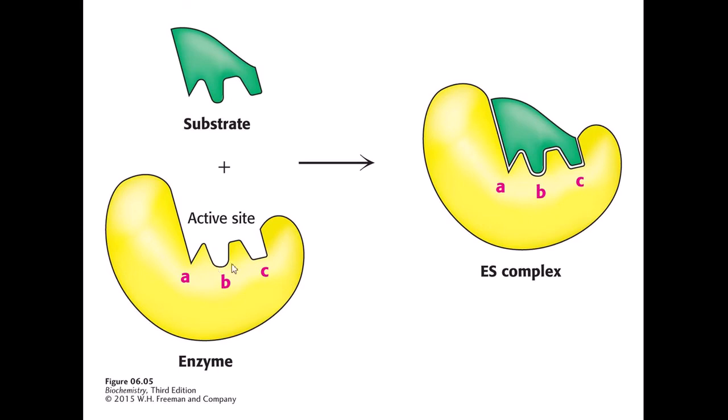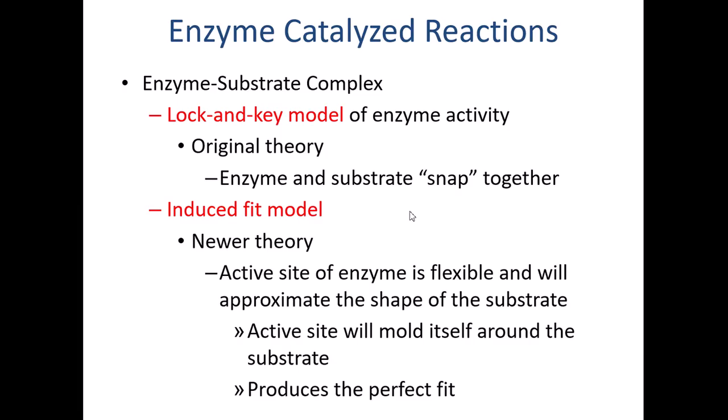This area here is the active site, and then here's the substrate. If you notice, these areas of the substrate will fit beautifully right into the active site, and this green substrate will snap into place, and now we have our ES complex. That was the original thought, known as the lock and key model.